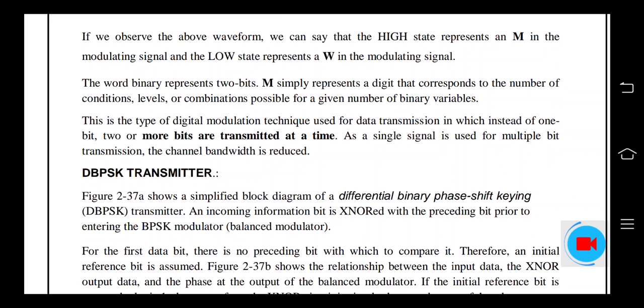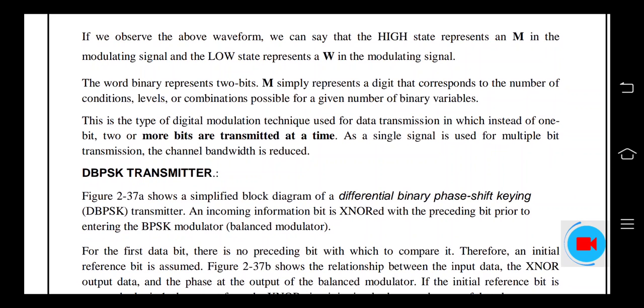Here you can find the word binary, where M represents the number of conditions corresponding to the digital level. One more thing is that the level combinations are possible for a given number of binary variables.